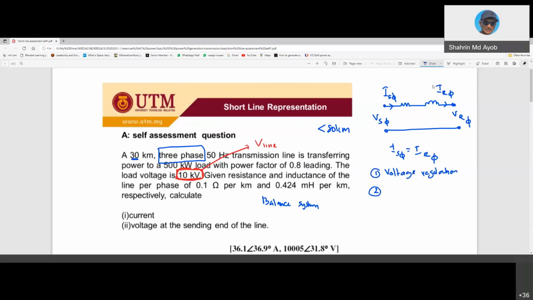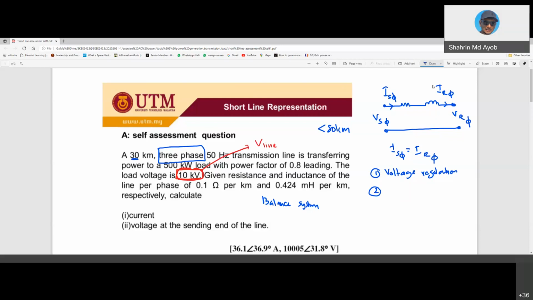For example, we want to see if there is any voltage drop without loading and with loading. Usually for a good transmission line, the difference is very small. So this is the first performance parameter that we always want to analyze.